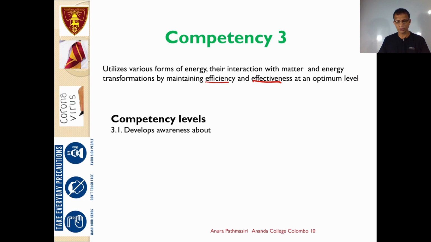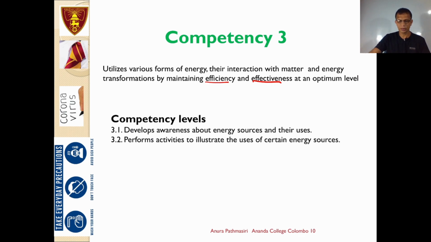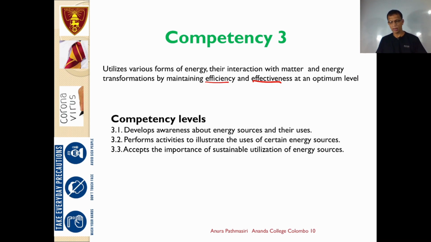Competency level 3.1 develops awareness about energy sources and their uses. 3.2 performs activities to illustrate the uses of certain energy sources. And 3.3 accepts the importance of sustainable utilization of energy sources.